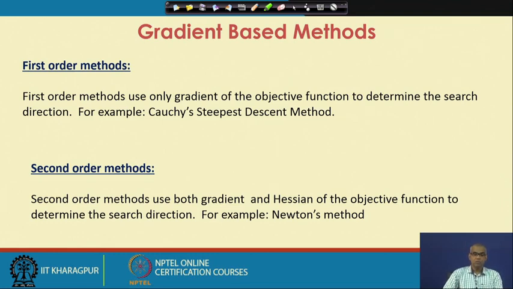So, the overall classification of the unconstrained multivariable optimization methods is direct search methods and gradient based methods. Sometimes we also call gradient based methods indirect methods.